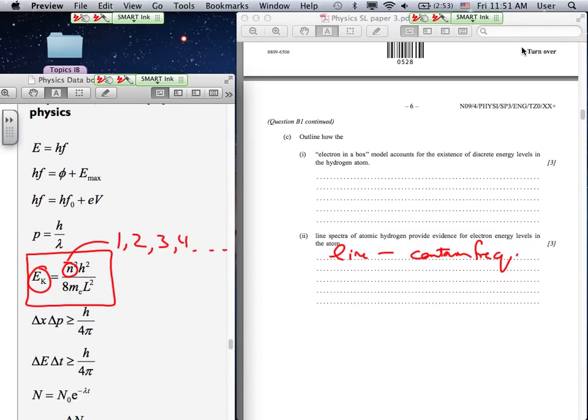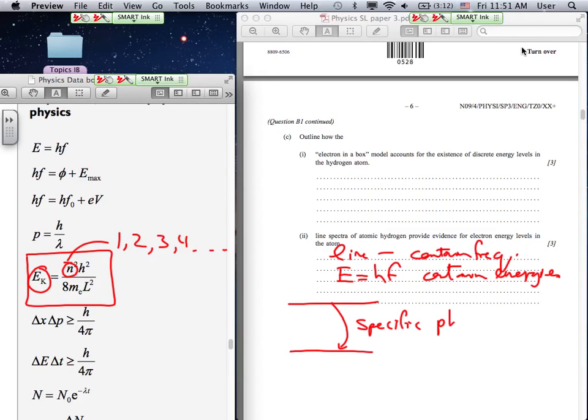And because you have your E is equal to hf, you have certain energies. And as you go from one energy level of a certain energy to another one over there, it will give out very specific photons of certain or specific energies.